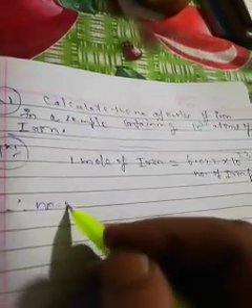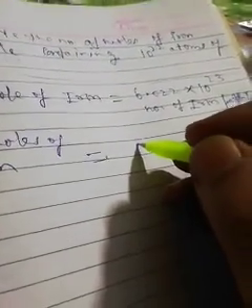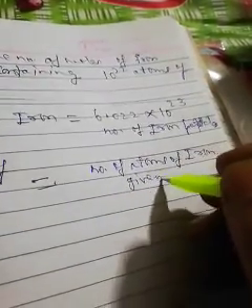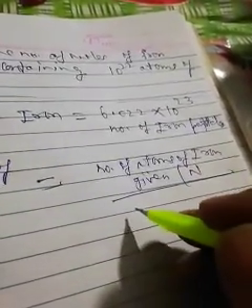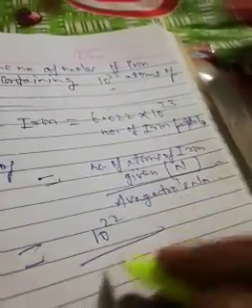So the number of moles of iron will be equal to the given number of atoms of iron divided by Avogadro number. The number of atoms of iron given, how much? It is 10 to the power 22 atoms. And Avogadro number is how much?